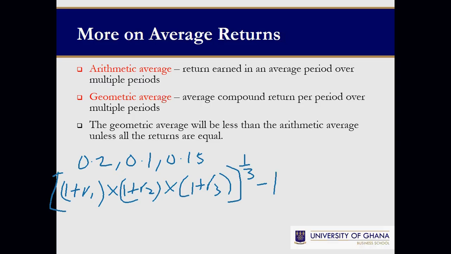Right? So let's do that. This will be 1 plus 20% to give us 1.2, times 1.1, times 1.15. So now this is to the power 1 over 3.